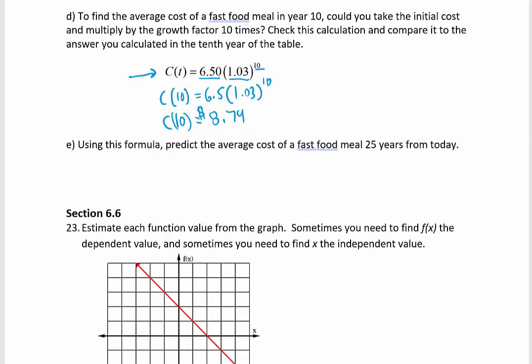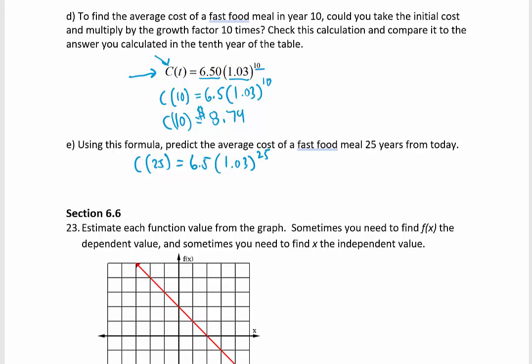So that's the quick way to do it. Once we see the pattern going on, we write a model like this, and then we can calculate any number of years from now. So using this formula, predict the average cost of a fast food meal 25 years from today. What we want to do is find C of 25. So 6.5 times 1.03 raised to the 25th power.